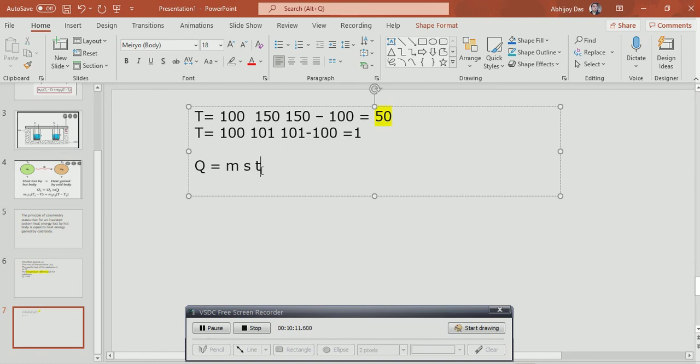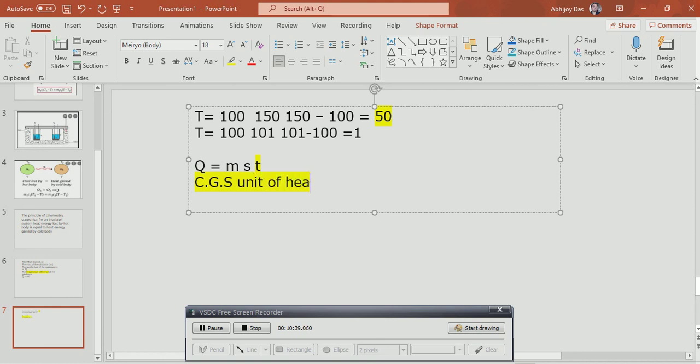Now remember the other two things. What are the units of heat? Don't forget, heat has two units, one is SI, another is CGS. Remember that the CGS unit of heat is calorie.